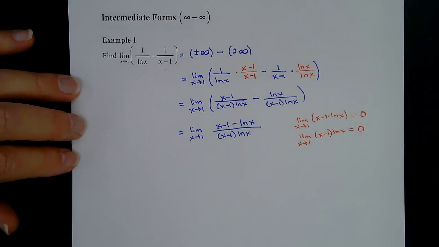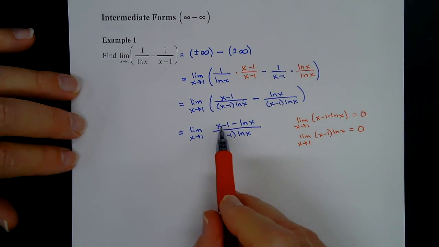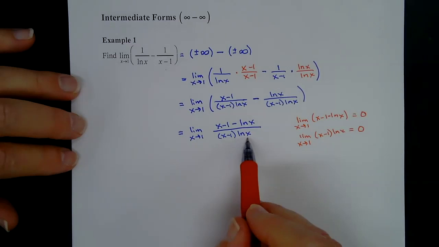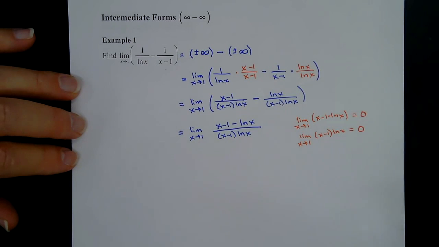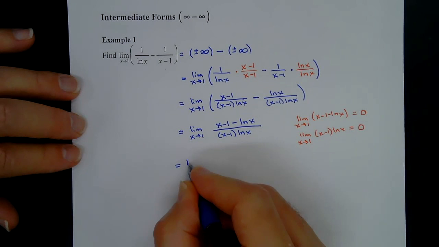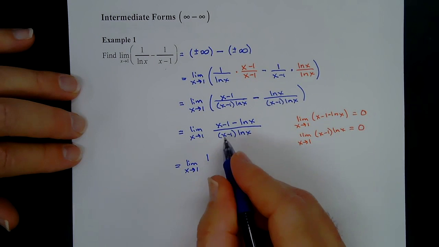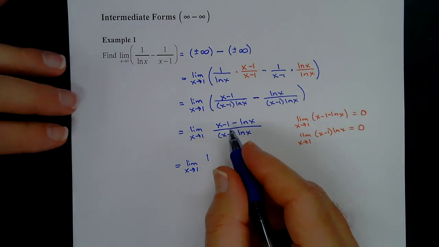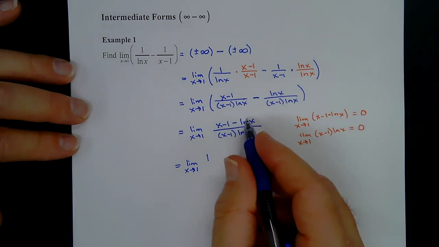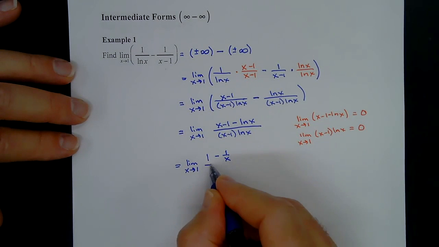And so now we can apply L'Hopital's rule. To apply it, I'm going to take the derivative of the top and the derivative of the bottom. For the bottom, I'm going to have to apply the product rule. So this is equal to the limit as x approaches 1 of the derivative of x, which is 1, minus the derivative of 1, which is 0, and then minus the derivative of ln of x, which is minus 1 over x.